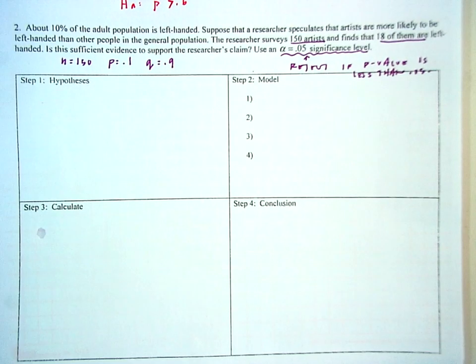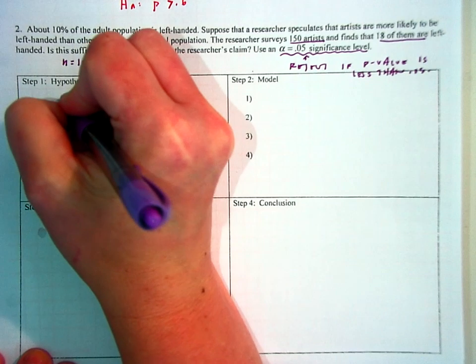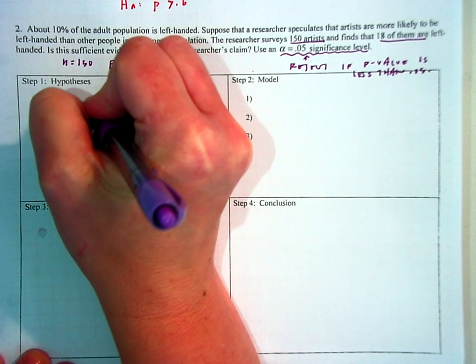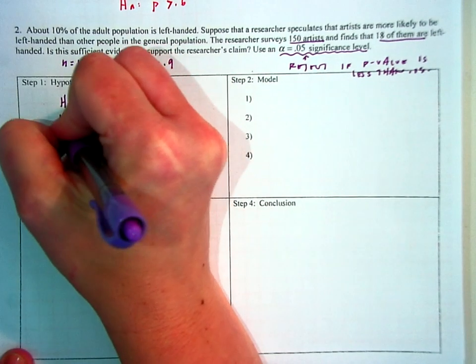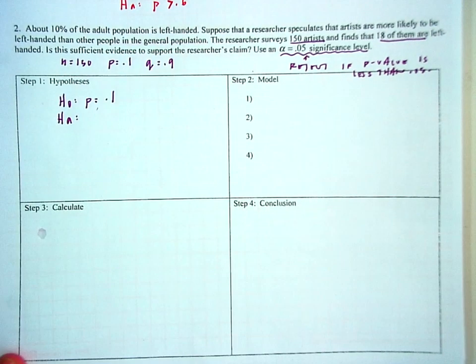Okay, so our hypotheses. So our null hypothesis, p is 0.1. So we're saying 10% of the adults are left-handed, business as usual, status quo, that is it. In the alternative, we're saying, well, among artists, we think that there may be more lefties than in the population.